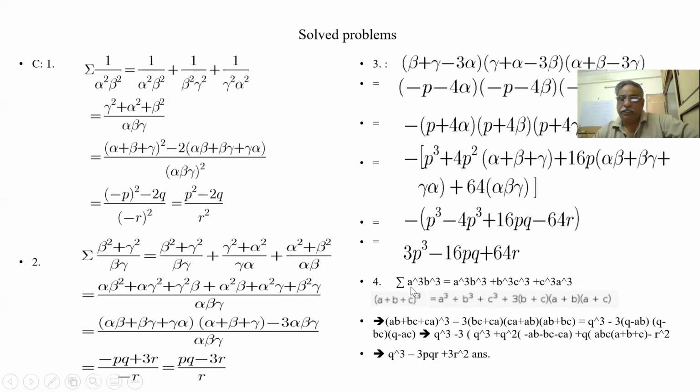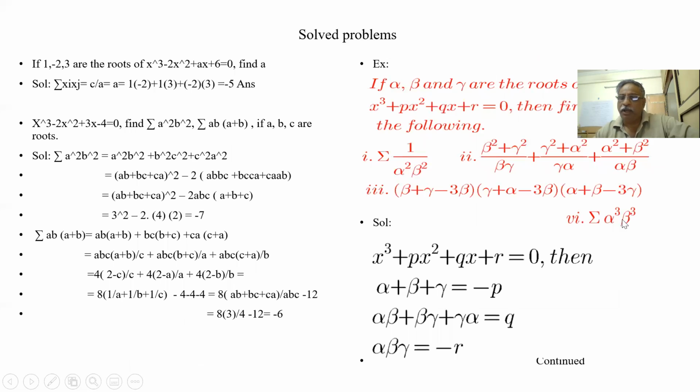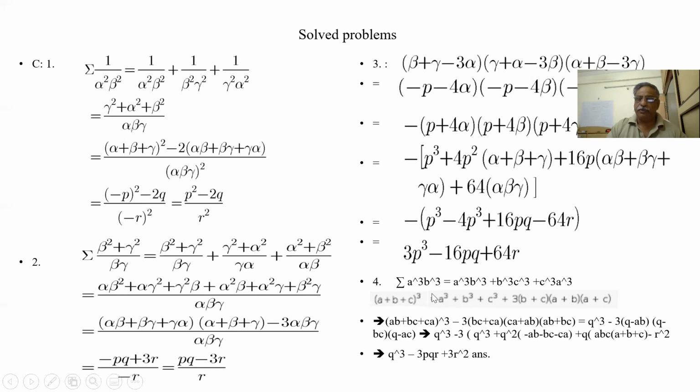So let us see the last one, sigma a cubed b cubed. This is sigma alpha cubed beta cubed. Instead of alpha cubed beta cubed, I have written a cubed b cubed. So this is a cubed plus b cubed plus c cubed. What is the formula for a plus b plus c whole cube? a cube plus b cube plus c cube plus 3 into a plus b into b plus c into c plus a.